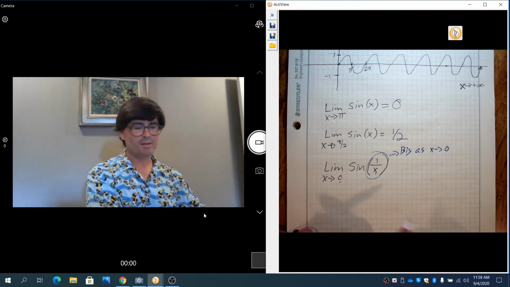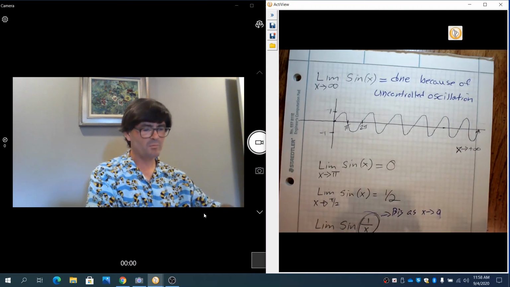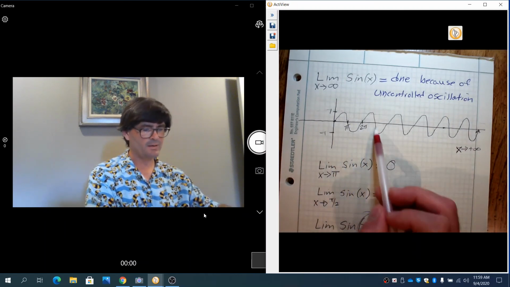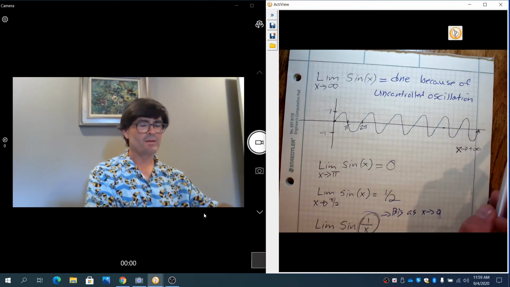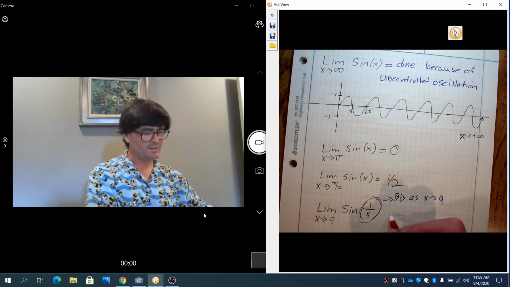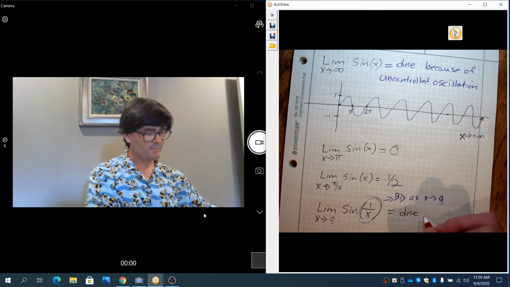And what's sine of a big number? Well, up here you saw that sine of a big number did this: up, down, up, down. The sine just keeps going up and down, so this does not exist, and it's the uncontrolled oscillation.